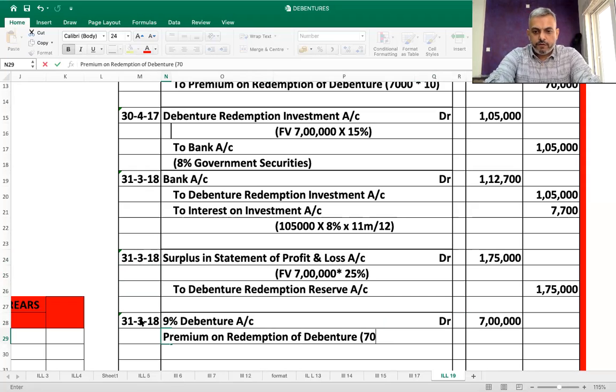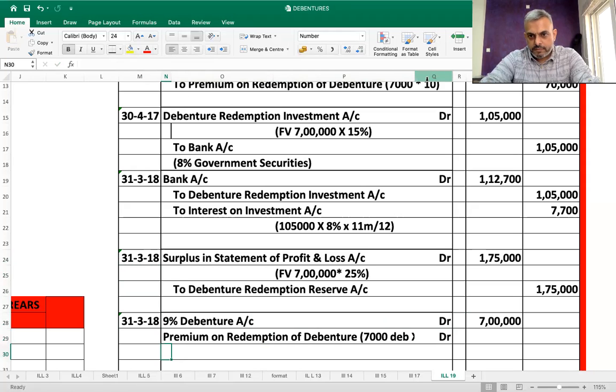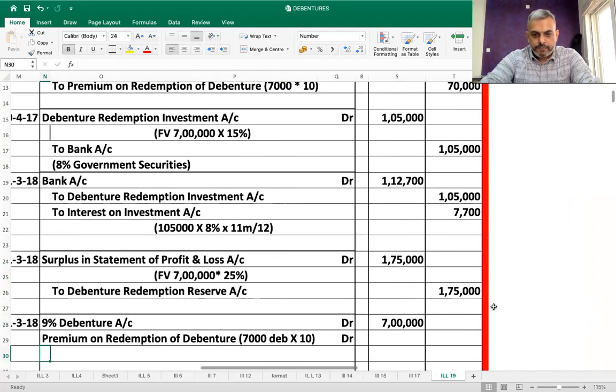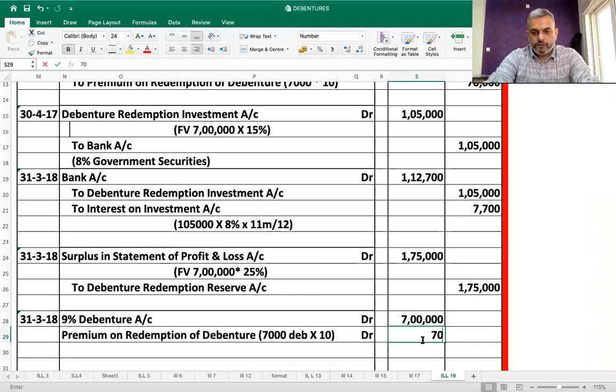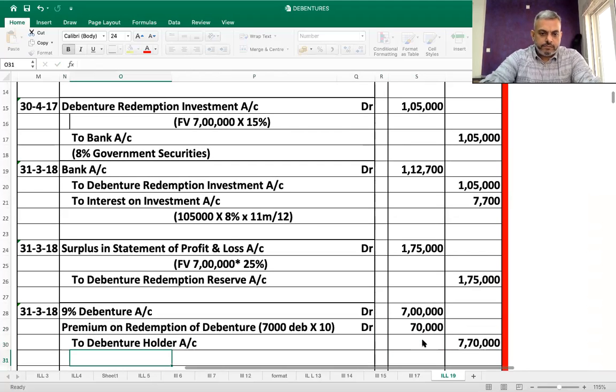We know 7,000 debentures into 10, so 70,000, to debenture holder 7,70,000.